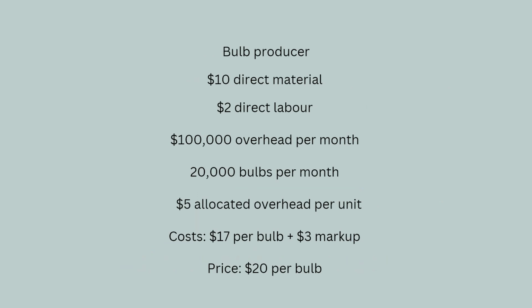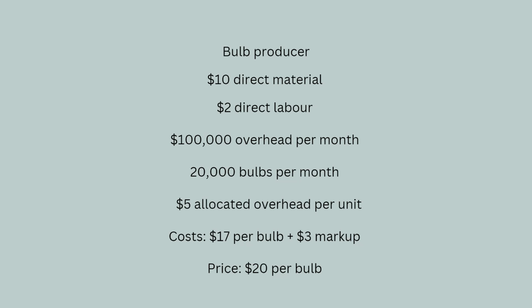So let me take an example. Suppose that I am a bulk producer where, not by estimate but by calculation, I see that my direct material for a bulk is $10 and $2 of direct labor. So it is $12 of direct, variable cost. And then according to my accounting book, I have $100,000 of overhead each month. And I also estimate that I produce 20,000 units per month.